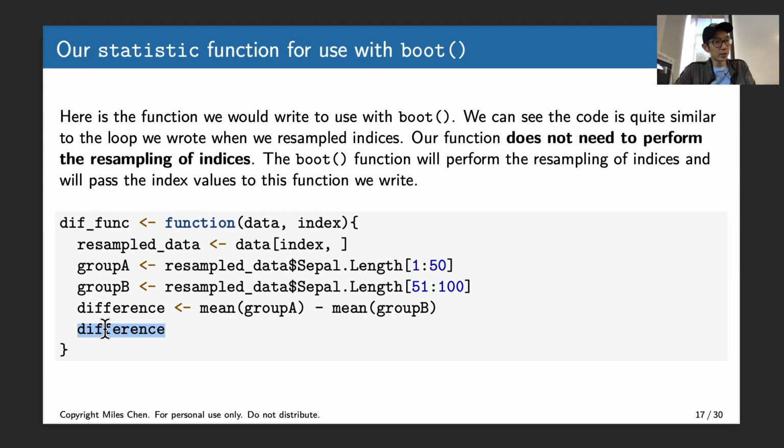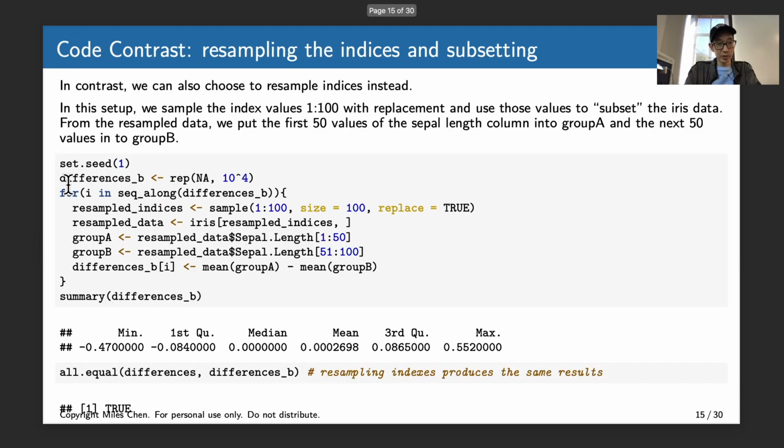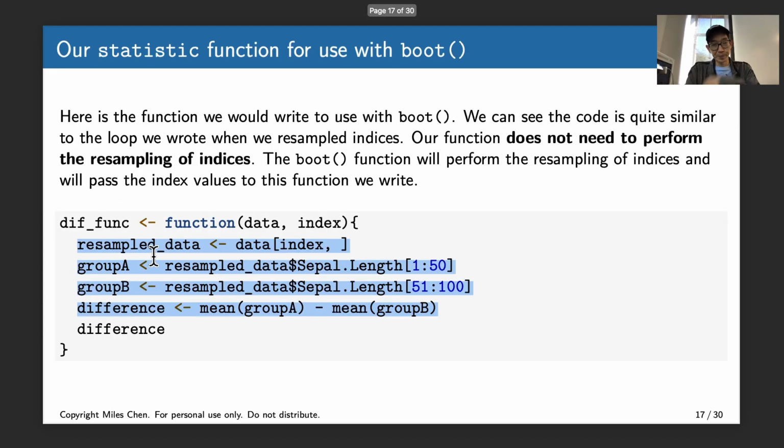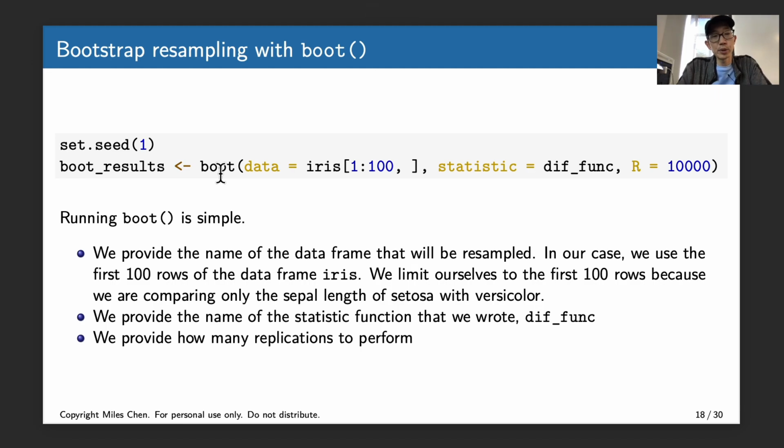So package boot and library boot will handle the resampling of indices and the storage of the outputs for us. But you can see the internal workings of the function are very similar to this for loop over here. So what I do is I call boot.